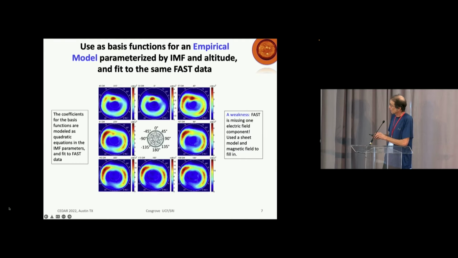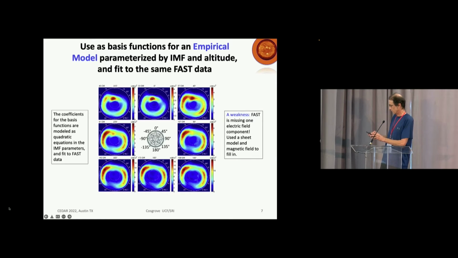IMF north is at the top, IMF south at the bottom. In FAST, when IMF is south, you see these strong auroral signatures down here. But when IMF is north, instead you see the cusp. And that becomes interesting in the next slide.